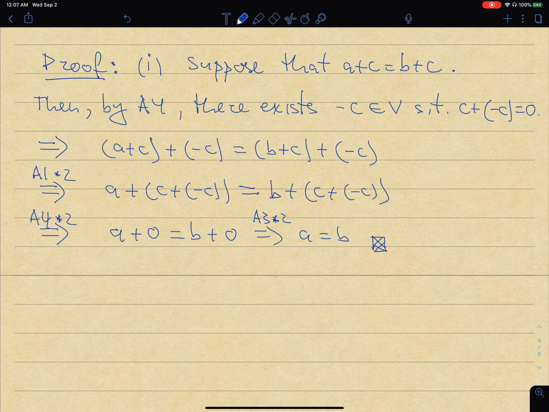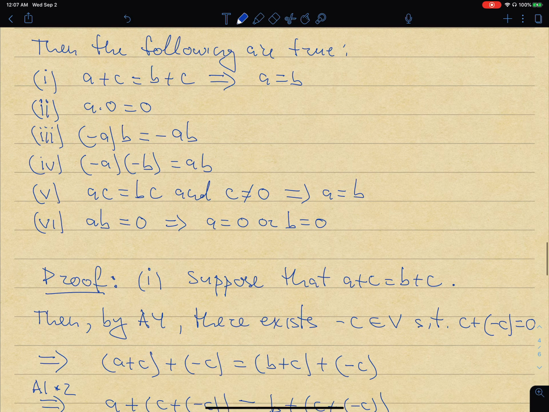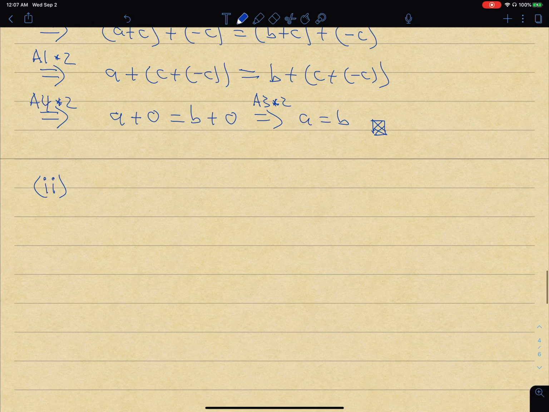Let's look at the statement number 2. What was the statement number 2? A times 0 is equal to 0. All right, so how can we proceed here? Let's do it in this way. So I take A times 0. You see in this case, what am I doing?